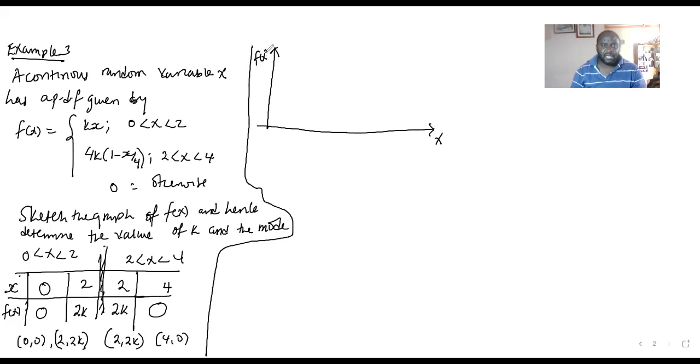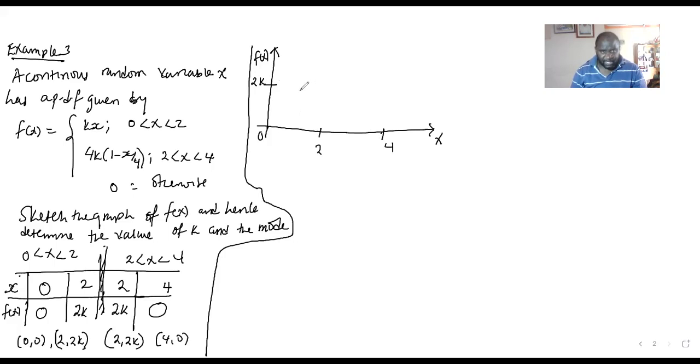Therefore, when I sketch, because both of them are positives, I will have here x, I will have here f of x. When x is 0, when x is 2, when x is 4, we have f of x is 0, we have f of x is 2, which has a k. So f of x is 2k.